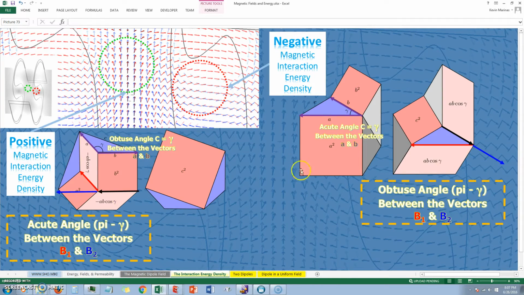Okay? So, again, looking at this diagram here, we see there's a green circle containing a region where the magnetic interaction energy density is going to be positive based on an acute angle between the vectors b1 and b2. Well, let's just look at an example.